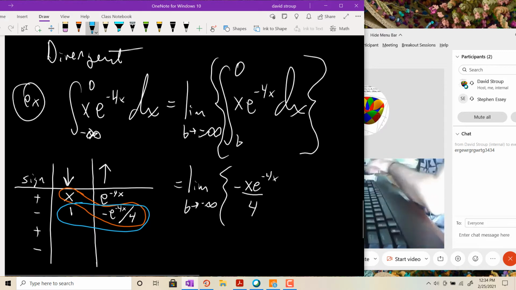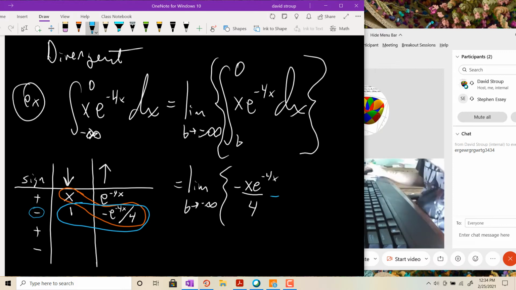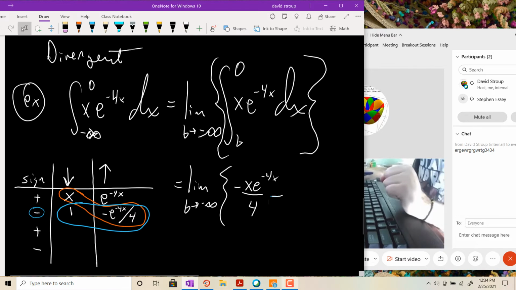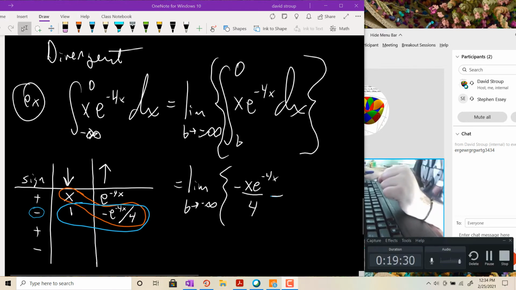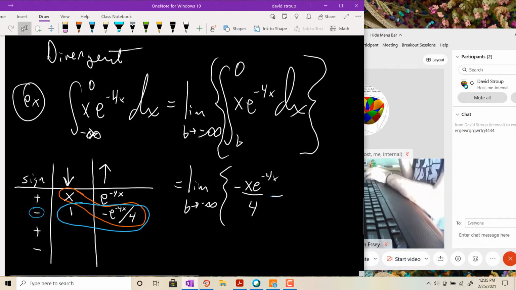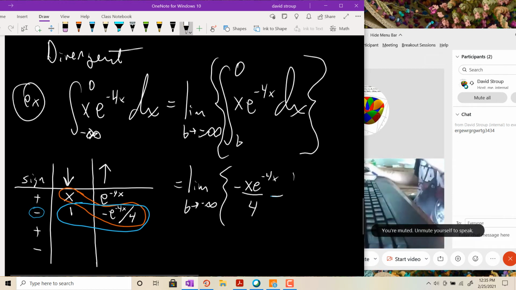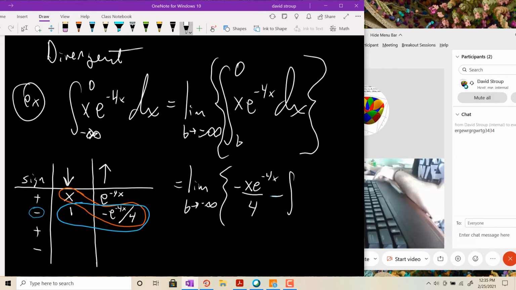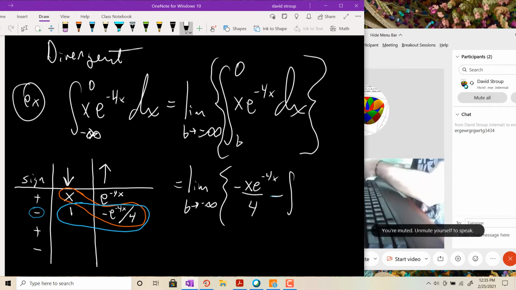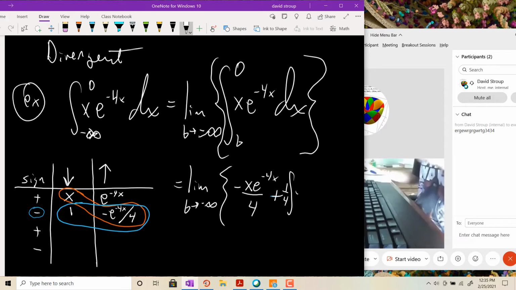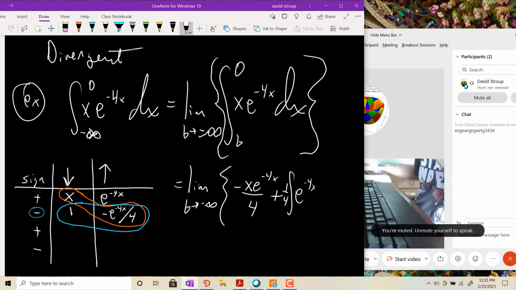So anyways, the next step: we have a negative times, so minus the integral of negative e to the negative 4x. You can factor out a 4 and a negative, and that would be plus 1/4 e to the negative 4x dx.